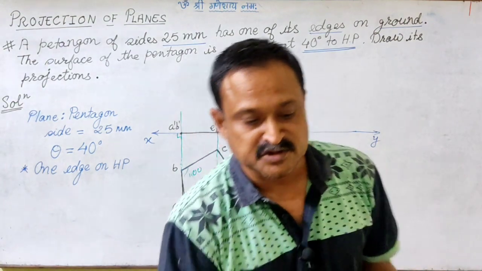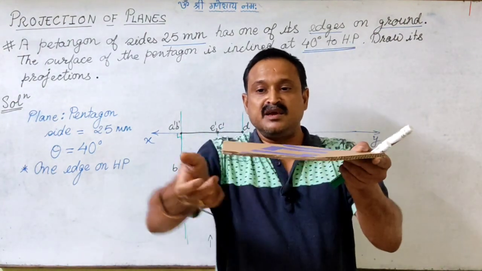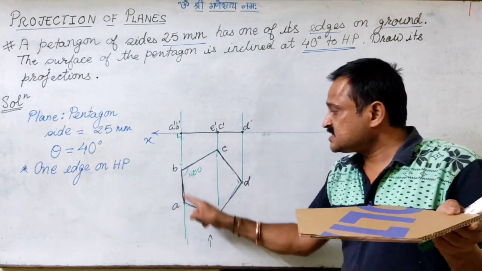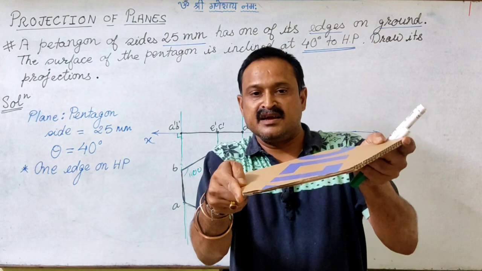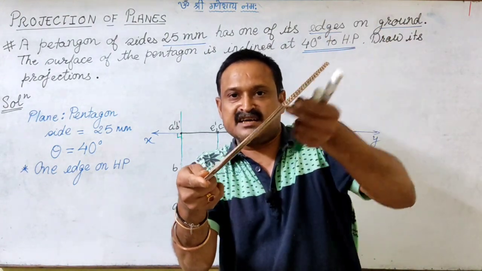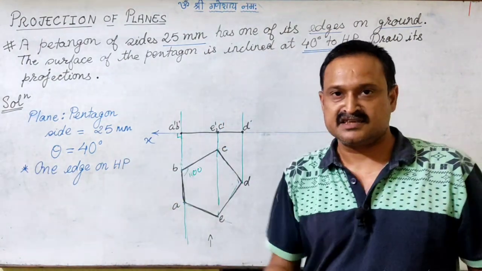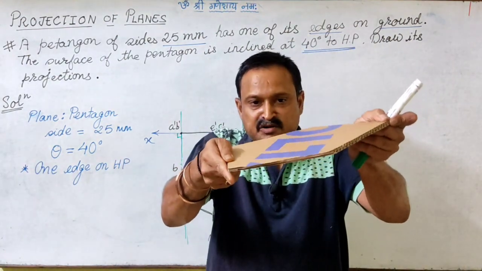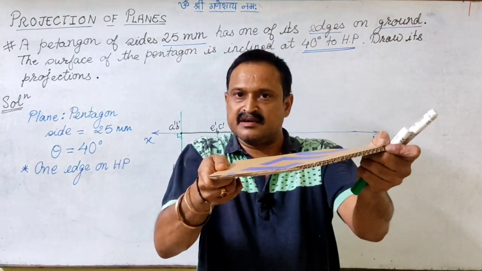So what we did, we placed the pentagonal plate on the ground. Now keeping this edge or side AB on the ground, we lift the corner D so that the surface gets inclined at 40 degrees. Now when we are doing so, we are not changing its relation with VP, right?